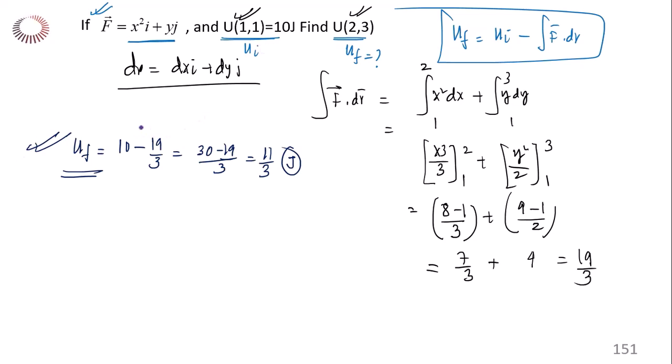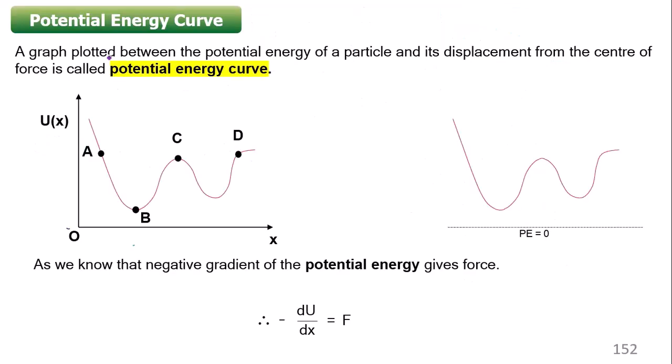So this is the second format of the problem, where I have to calculate the potential energy from the equation of F. If I have to calculate U from F, I have to do the integration. If I want to calculate F from U, I have to go for the differential. Now you have to relate the potential energy.